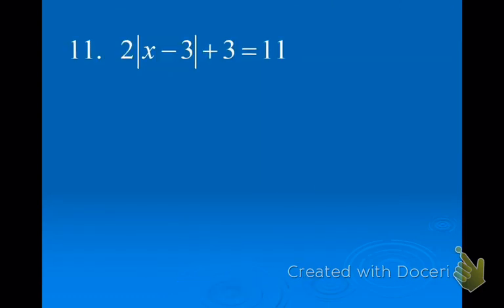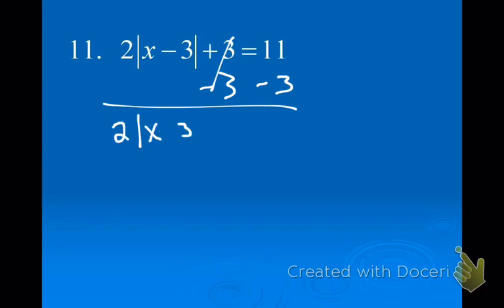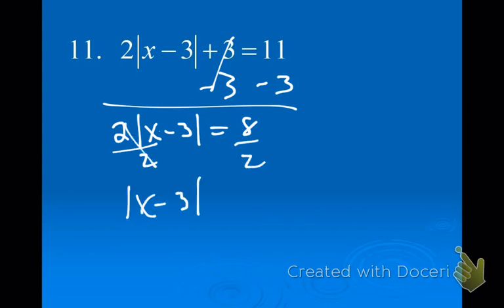Okay, try that guy. Okay? So to isolate the bars, we got to subtract 3. Then divide by 2. Now that the bars are by themselves, we know what's allowed to go inside the bars to make this statement true.